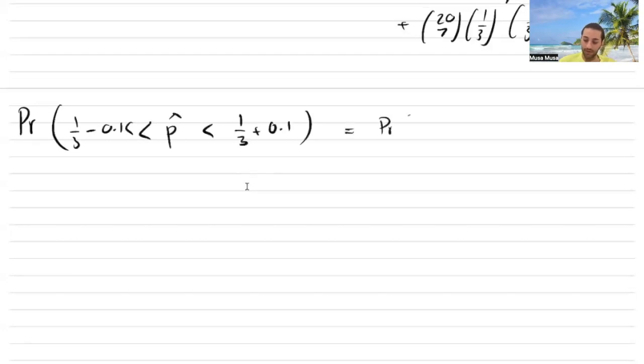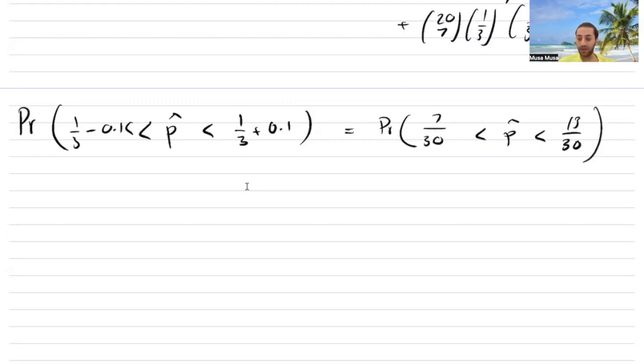So this is the same as saying P hat is between 7 over 30 and, what's a third plus 0.1? 13 over 30. That's effectively what it's asking us.